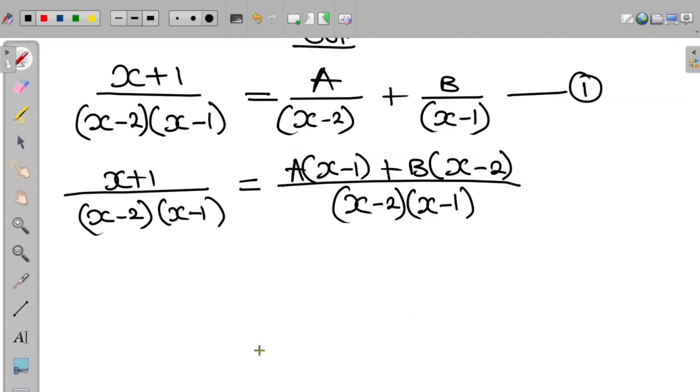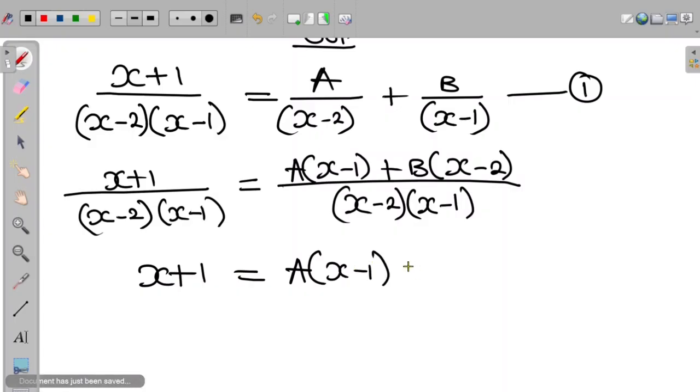Now since the denominators are equal, the equation can be written as x + 1 is equal to A multiplied by (x - 1) plus B multiplied by (x - 2).